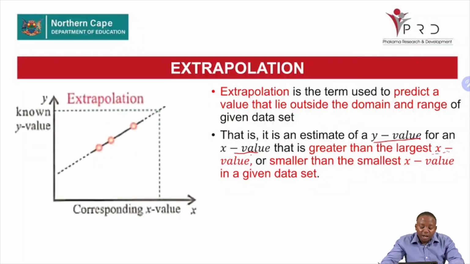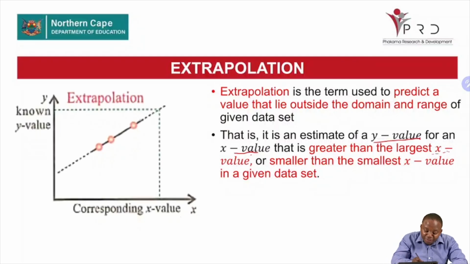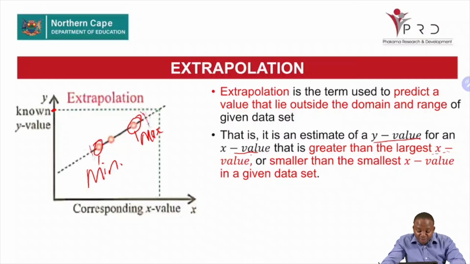When we are extrapolating, this is the highest point, this is the lowest point. So this is our max and this is our min. We can see that the value we're interested in is outside of this. It's not even following on our line then. We are extrapolating as this value is outside the maximum value, or it's somewhere here below the minimum value.